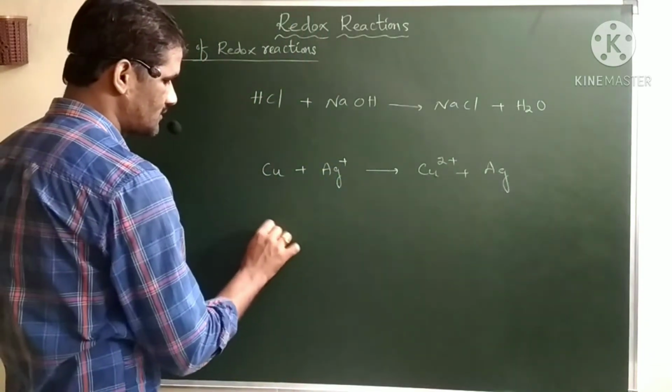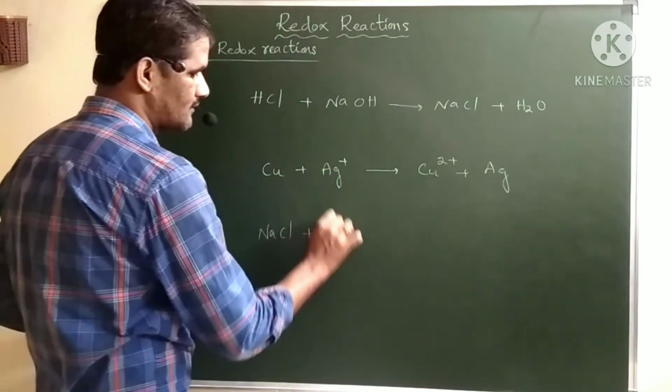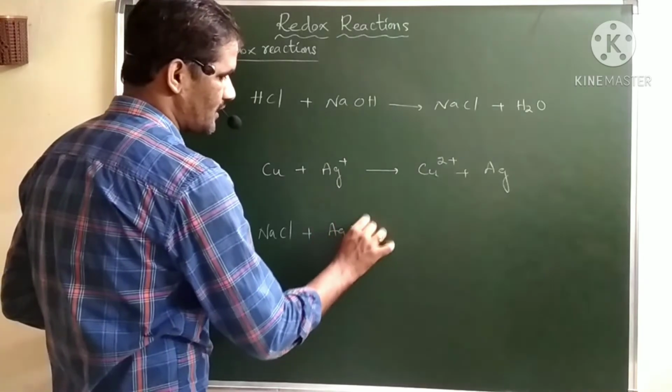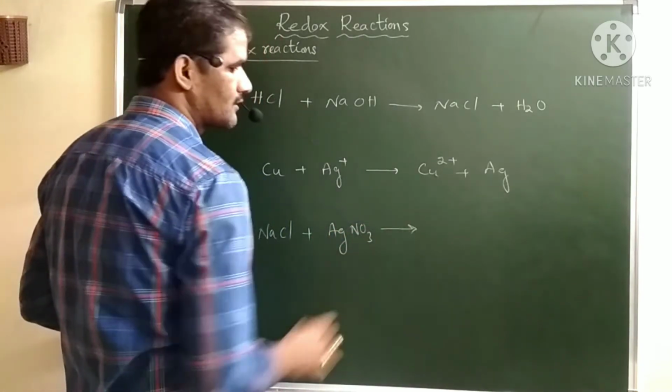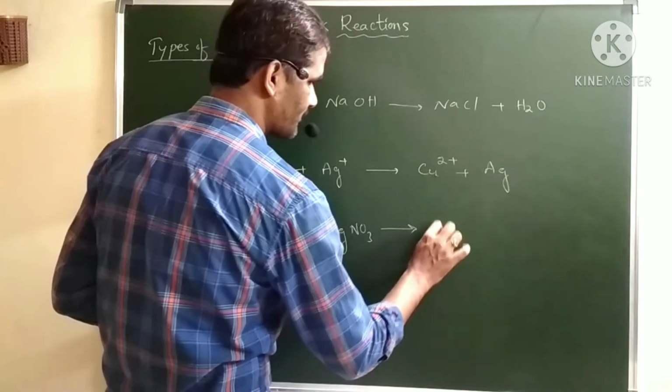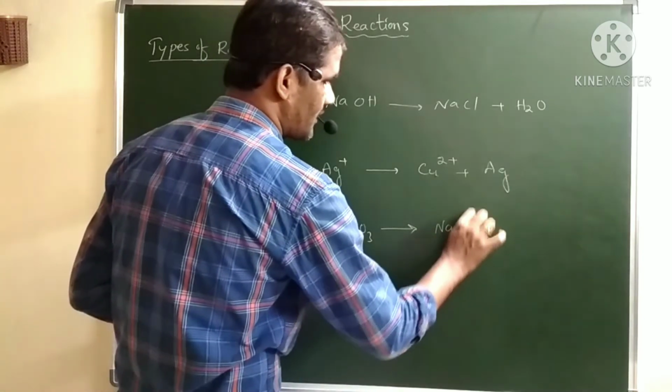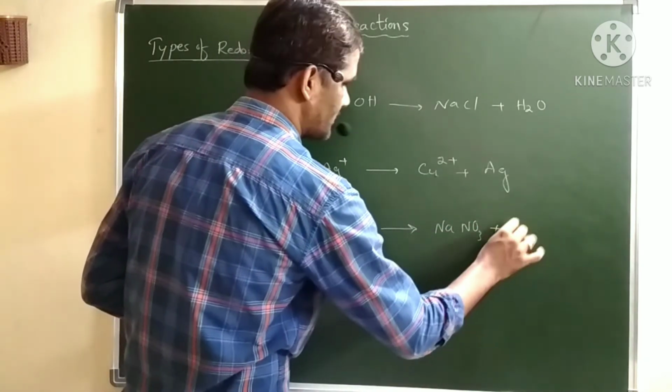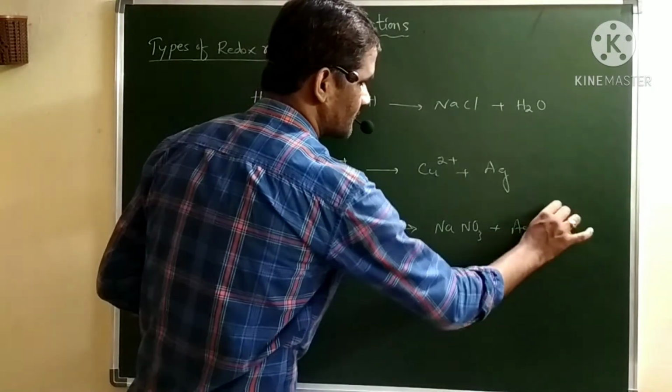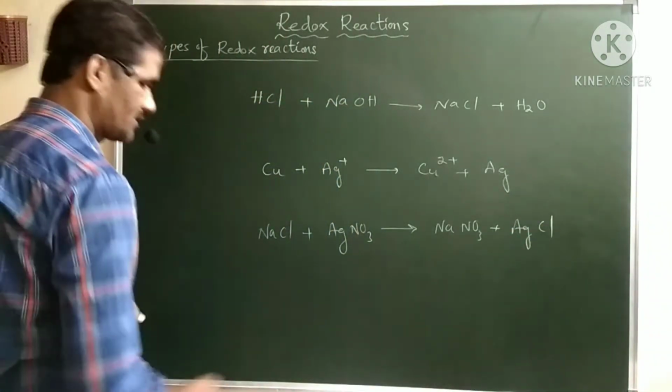Another reaction: NaCl reacts with AgNO3, and it will form NaNO3 plus AgCl.